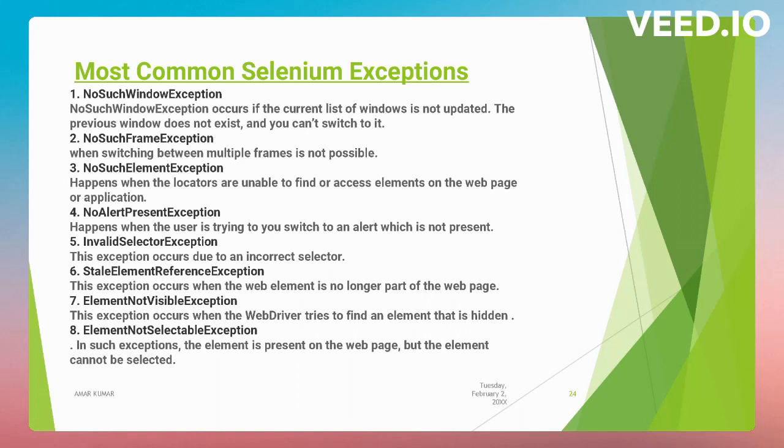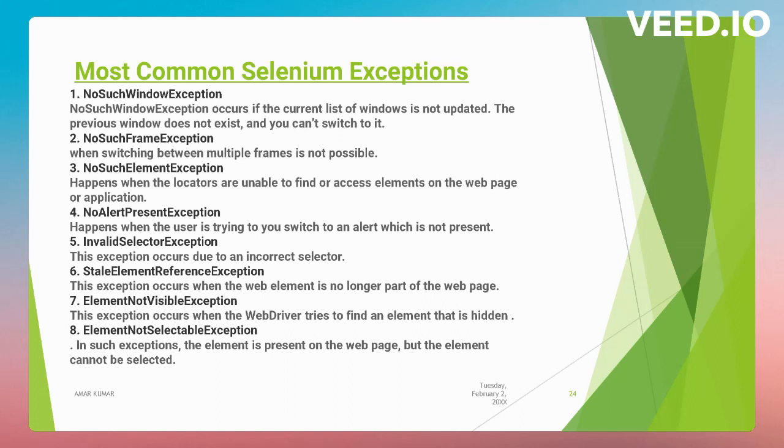NoAlertPresentException happens when the user is trying to switch to an alert which is not present, so at that time we get NoAlertPresentException. InvalidSelectorException means we want to get the selector of an element and it is not present.